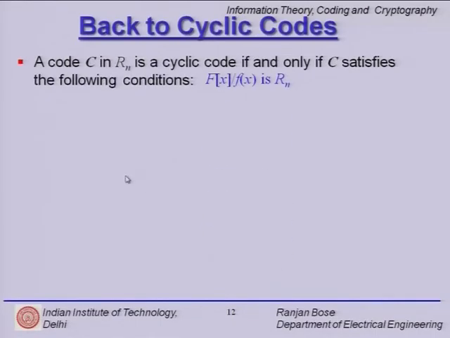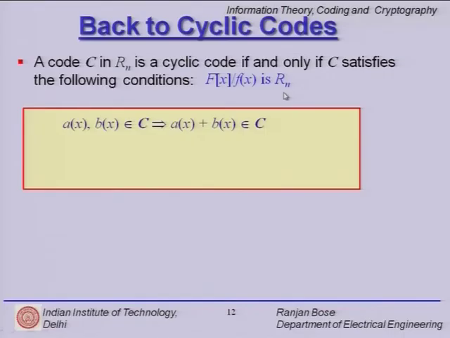So, we have redefined cyclic codes. A code C in Rn is a cyclic code if and only if C satisfies the condition that this collection of polynomials F(x) divided by f(x) is in Rn. So, if A(x) and B(x) are two polynomials belonging to C, so suddenly we are talking about polynomials as elements of a code.